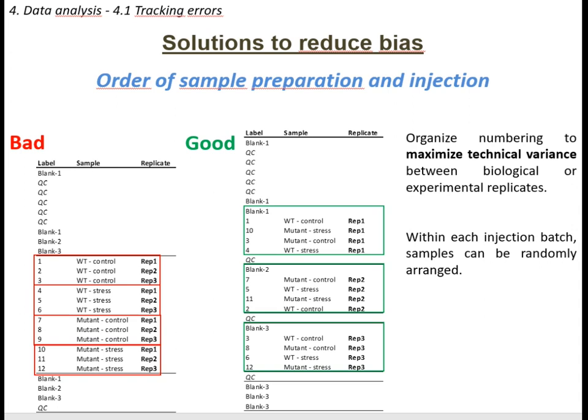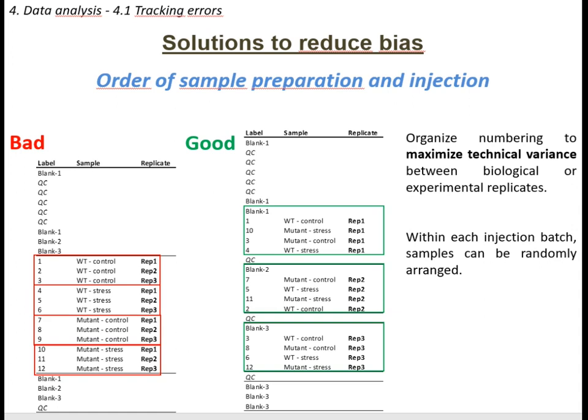If you have a gradient of change in the response of the machine, it's very bad, because the difference between mutant stress and wild-type control might be due to the fact that one is a mutant under stress and the other is a wild-type under control condition. So that would be the control variables.